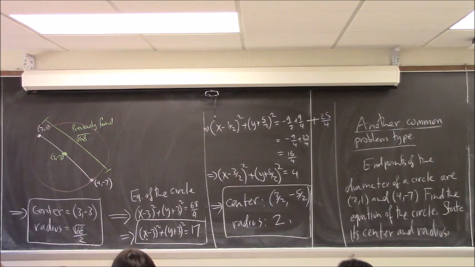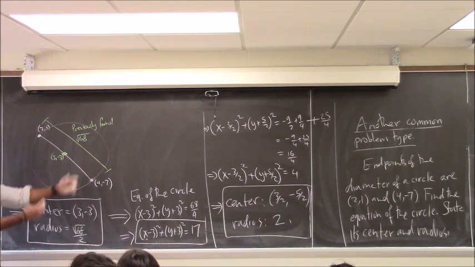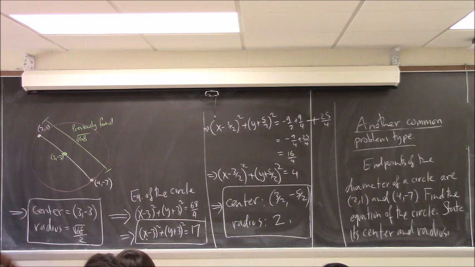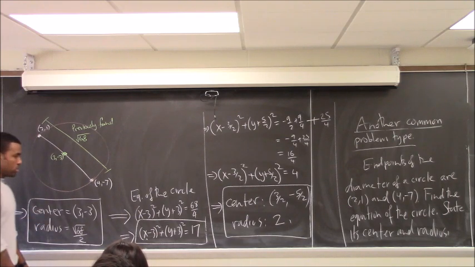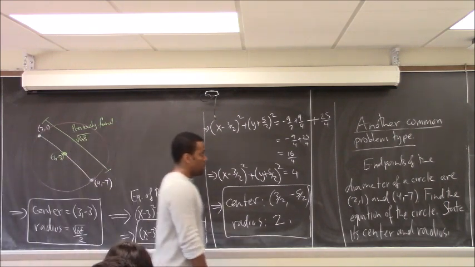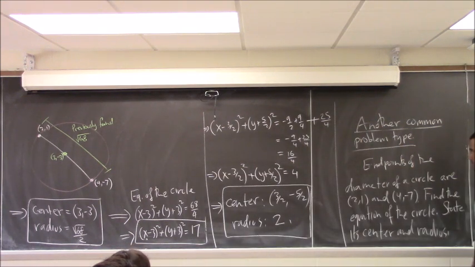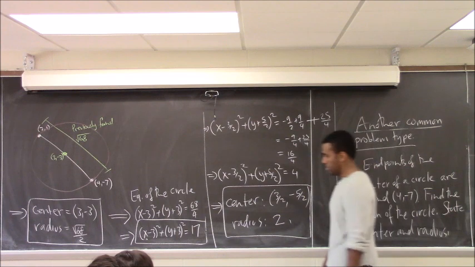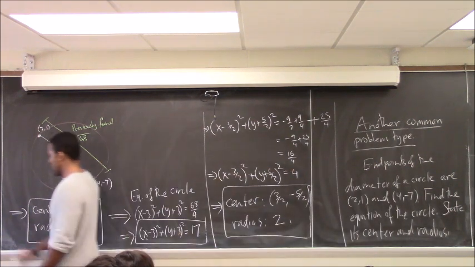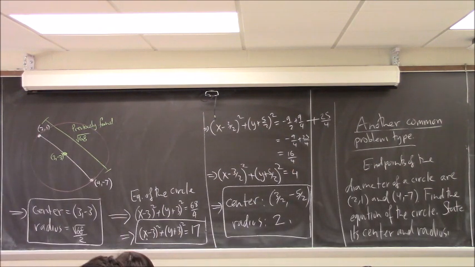So you would either be given a circle in expanded form and you need to use completing the square to contract it, or I'll give you some points on the circle and you need to use the distance formula and midpoints to figure out how to construct the circle. That can come in handy in several situations. Anything else I want to talk about here?